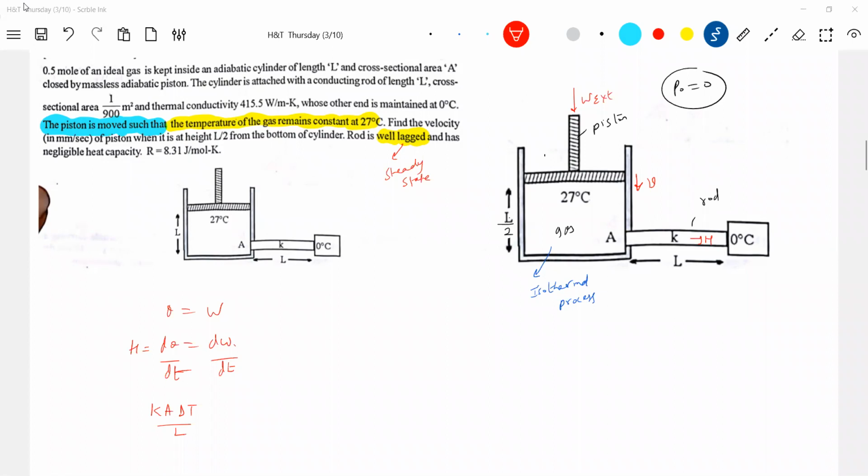What is delta T? Temperature difference, 27 minus 0, you substitute that. We know the length of the rod is L, K is there, A is the area of cross section. We know this dW by dt. What to write?